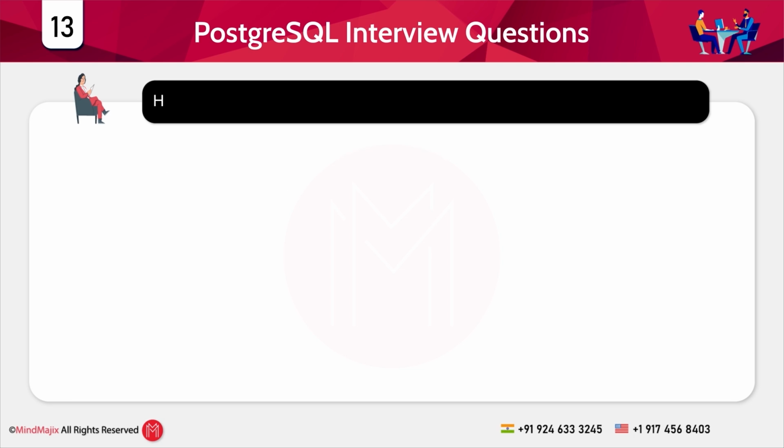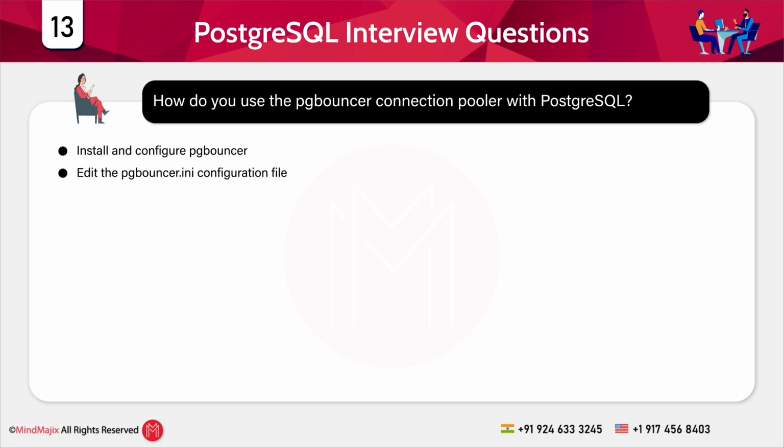The next question is, how do you use the pgbouncer connection pooler with Postgres? To understand that, let's quickly understand the definition of pgbouncer. pgbouncer acts as the middle layer between the application and the PostgreSQL server, managing a pool of database connections.